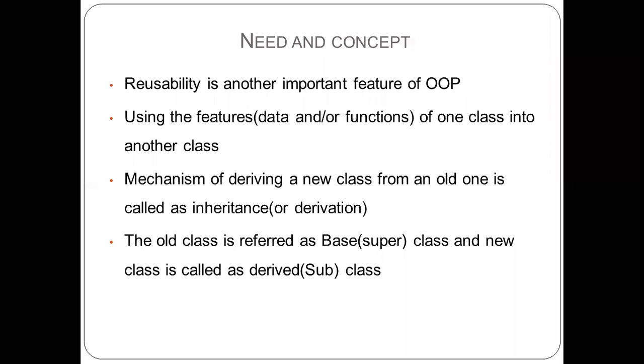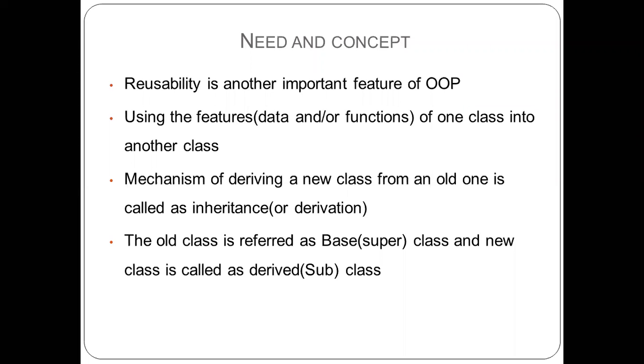The mechanism of deriving a new class from an old one is called derivation. A simple example is from mathematics: we put some problem statement, and from that you derive something, giving some information which is useful to resolve the problem.